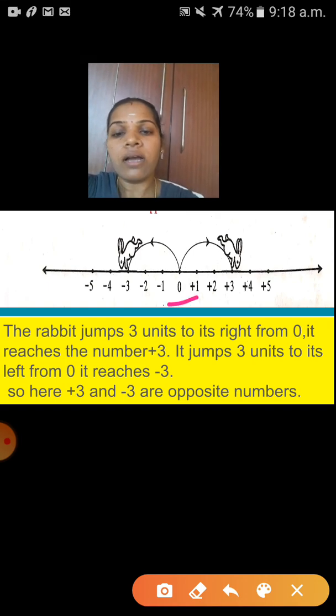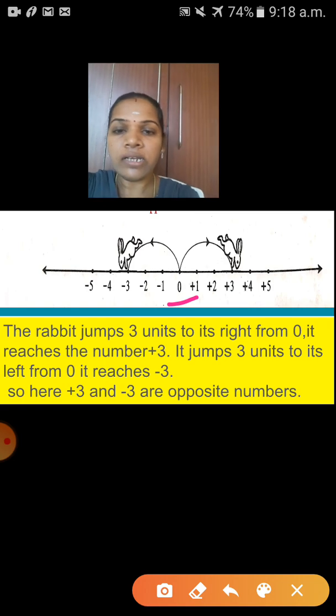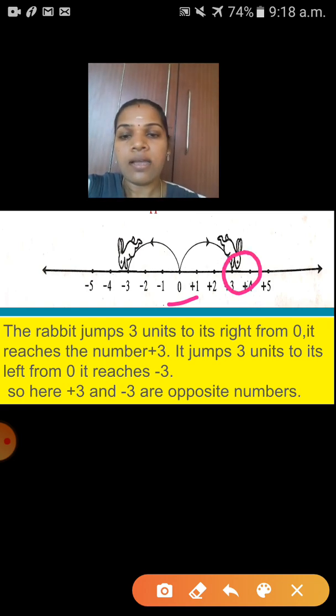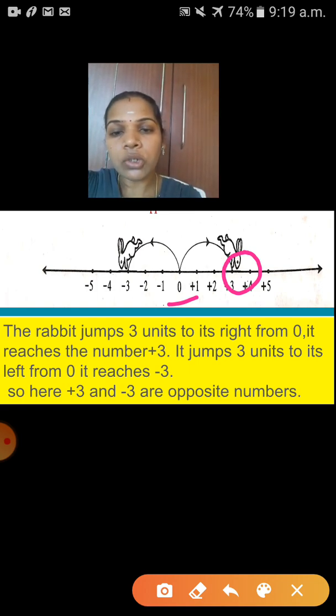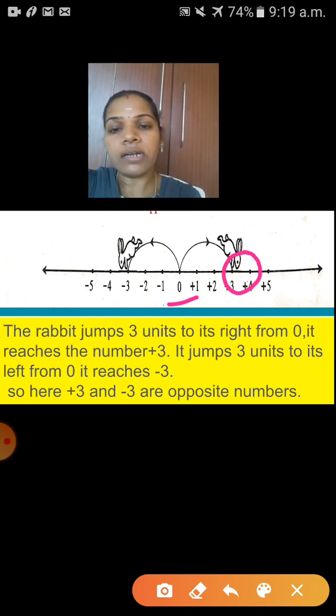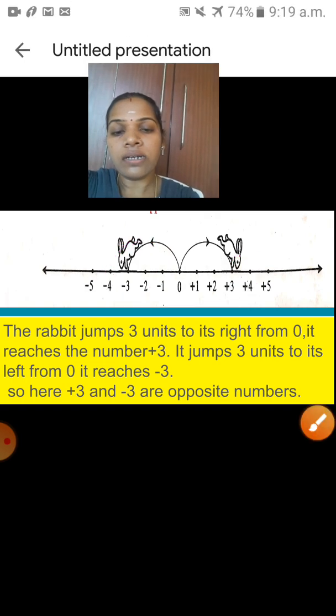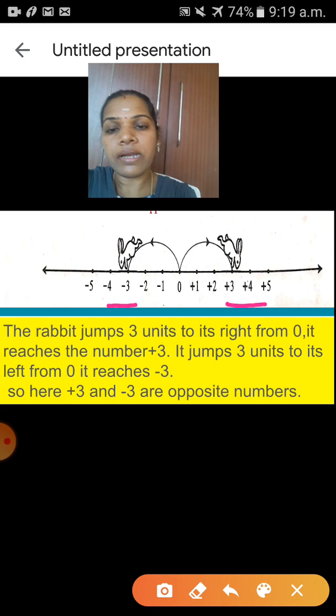Afterwards it jumps 3 units to its right. So finally it reaches where? Plus 3. Afterwards, from 0 it jumps 3 units to its left and it reaches minus 3.